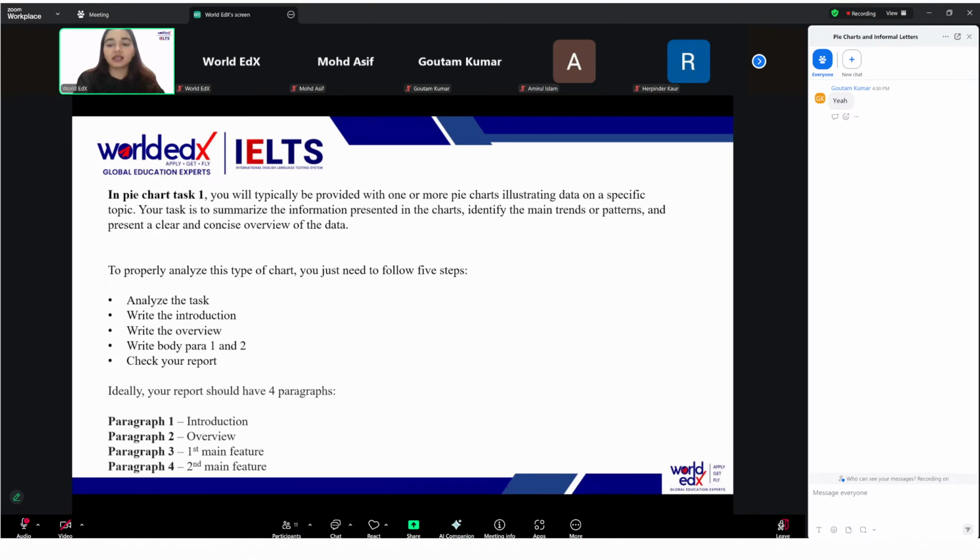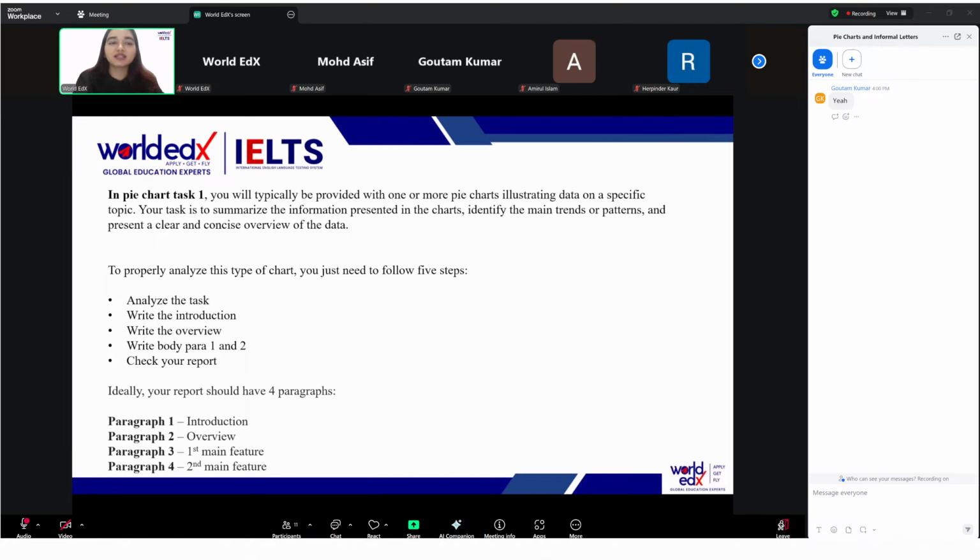Again, it's going to be in the task 1 of the writing section. If you go for academic only, then you will get a report writing to write. And report writing is basically a pictorial representation of a graph that would be provided to you. You just have to understand it in a bird's eye view, and then you will have to write the details. So when we talk about a pie chart, I hope you know what is a pie chart.